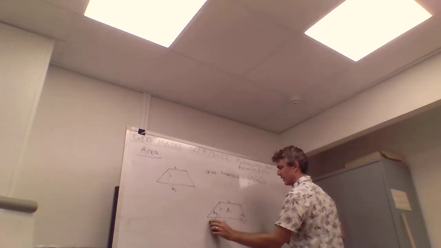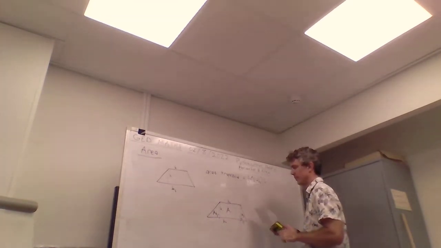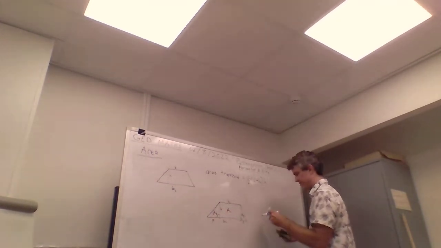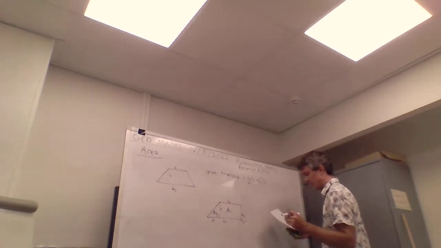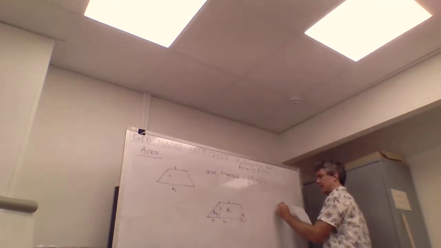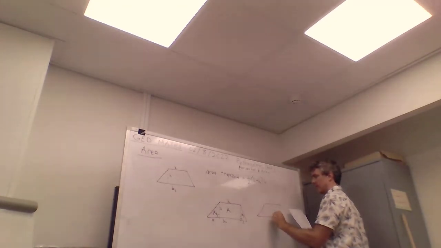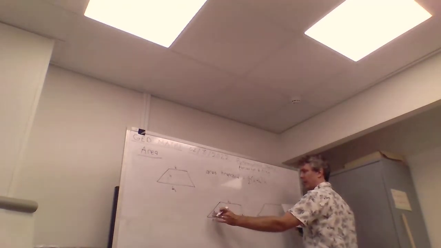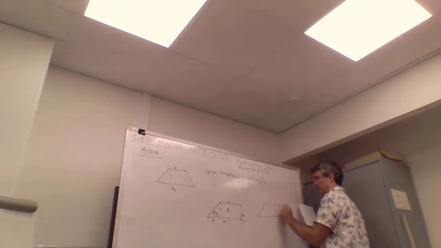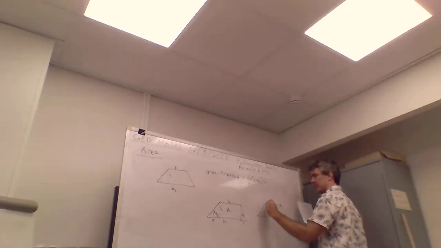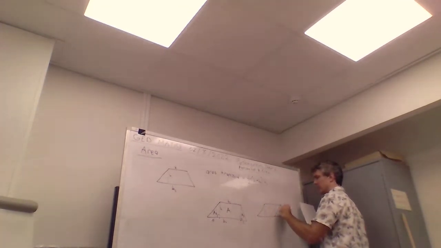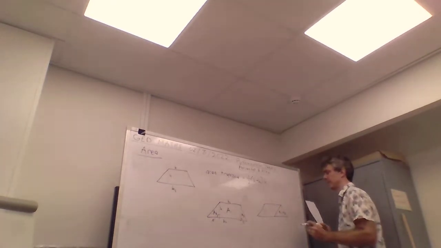Okay, so we have this problem here. This is A. So what we need to do is imagine we take this triangle here and put it here. Okay? So this is now A2, A3, right?